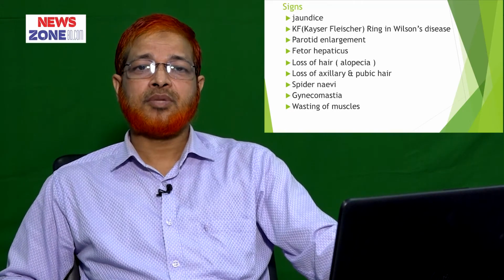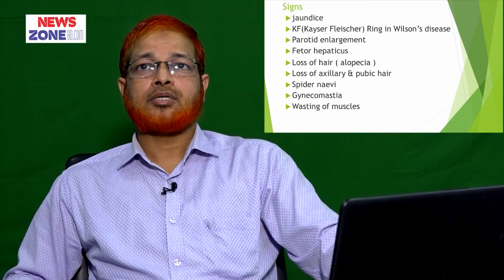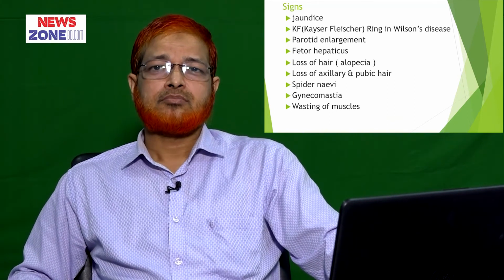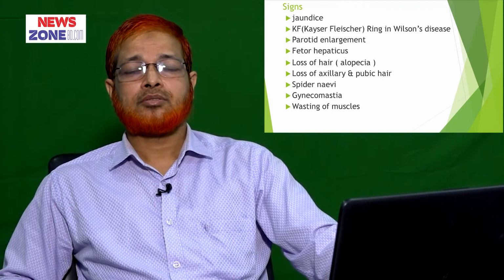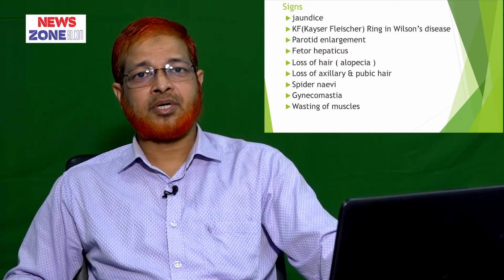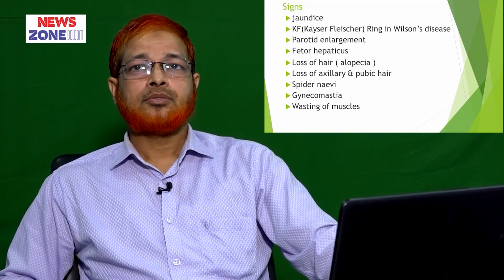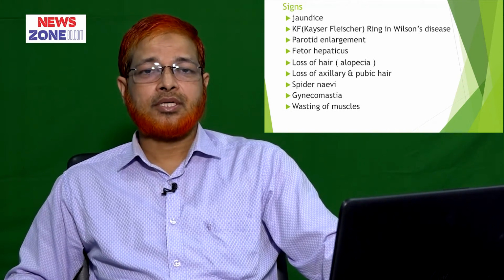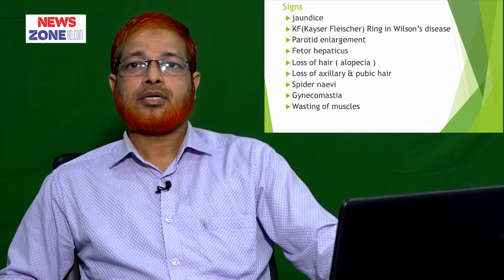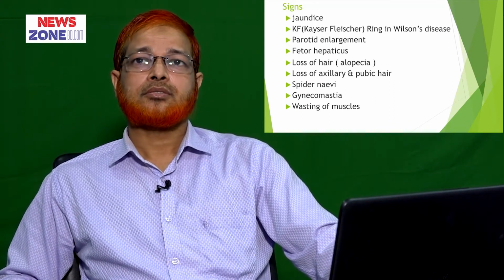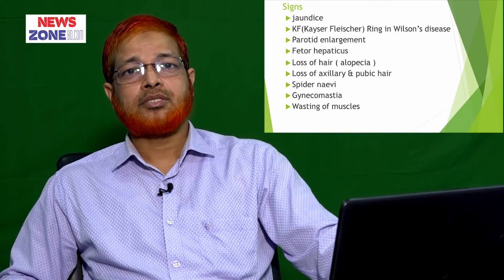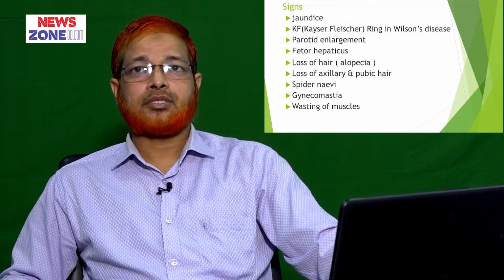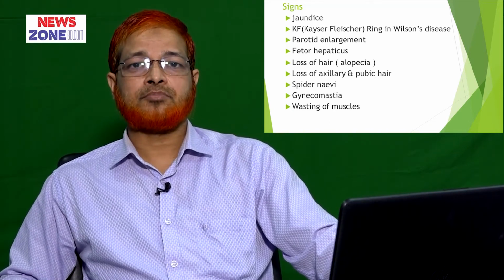We can smell the odor of the patient's breath, a mousy odor, that is fetor hepaticus. We can see gynecomastia. We can examine for axillary hair loss, and if we see pubic hair loss, we can assess that the patient may have cirrhosis of liver.